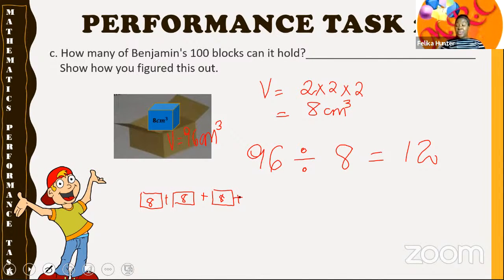Just in case you weren't aware that you could divide 96 by 8, we could say, okay, 2 blocks is 16, still not 96 yet. 3 blocks is 24, still not 96 yet. And you keep adding until you reach 96 or closest to 96. So here we'd have 12 blocks.